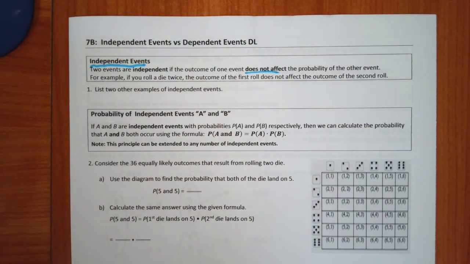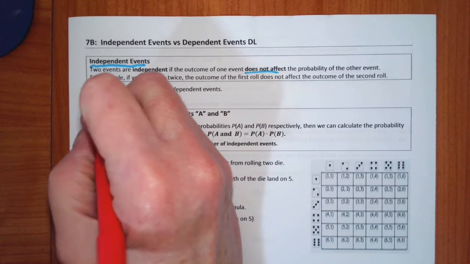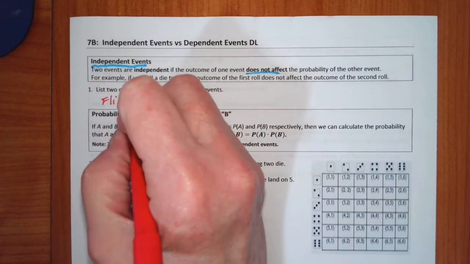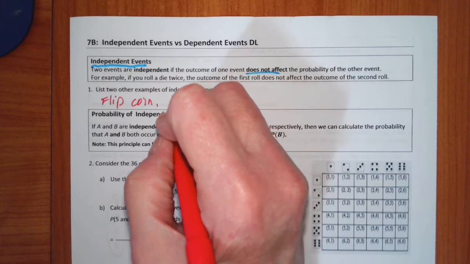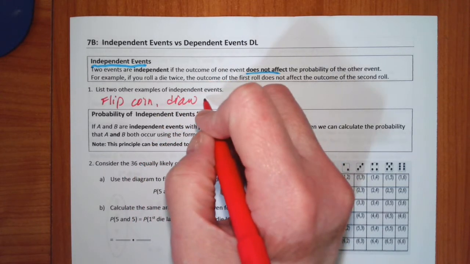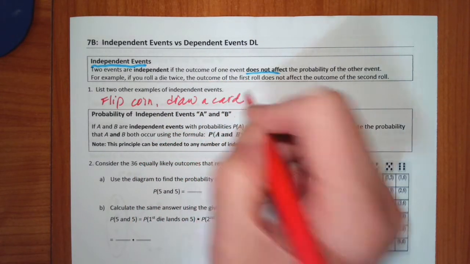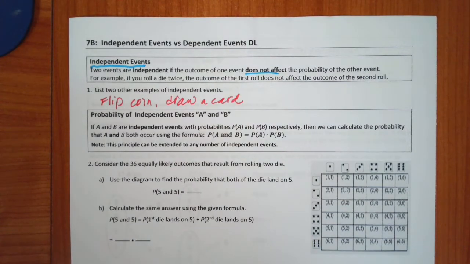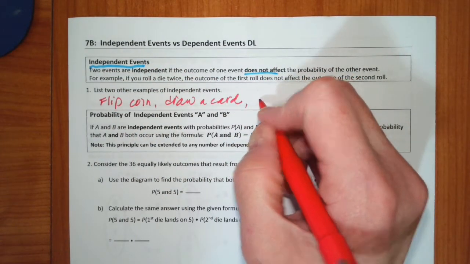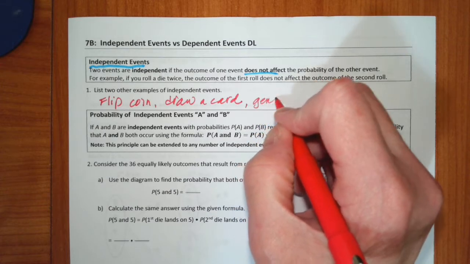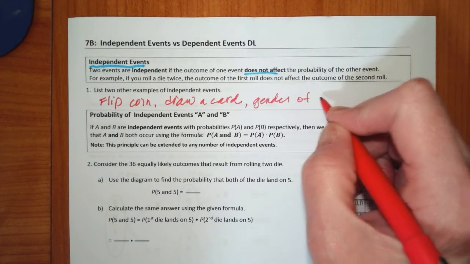Some other examples that we've done in class are, well, we flip a coin. We have drawn a card from a deck. We did an example about the number of girls in a family, so the gender of children.